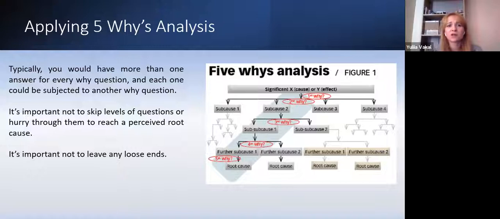It's very important not to skip different levels and not to leave loose ends. If you have 2 answers to your question, you can investigate all of them, but then find the most probable root cause. That's a more complicated one, but if you're not sure that you have just one answer, you could use this advanced method.